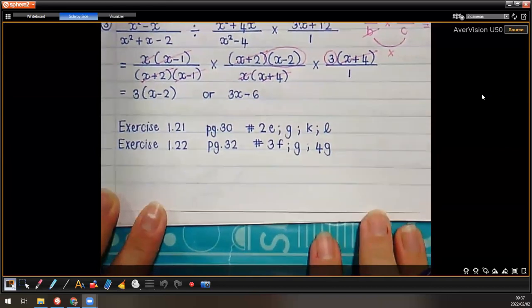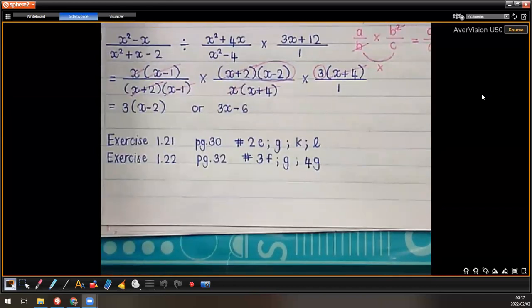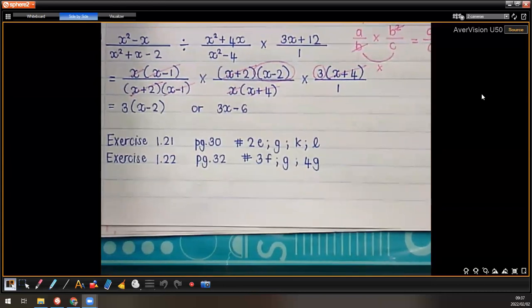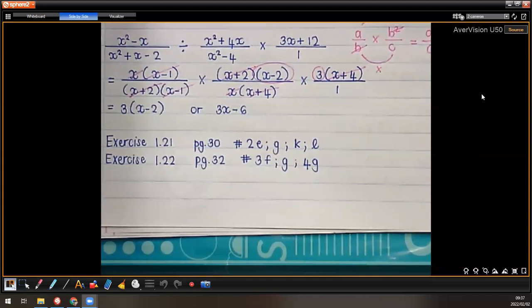Okay, there you go. Those are the ones that you are doing for tomorrow. And see this as studying for Friday's class because you need to be able to do these things for Friday. All right, so by doing your homework, you are actually getting ready for Friday's class.